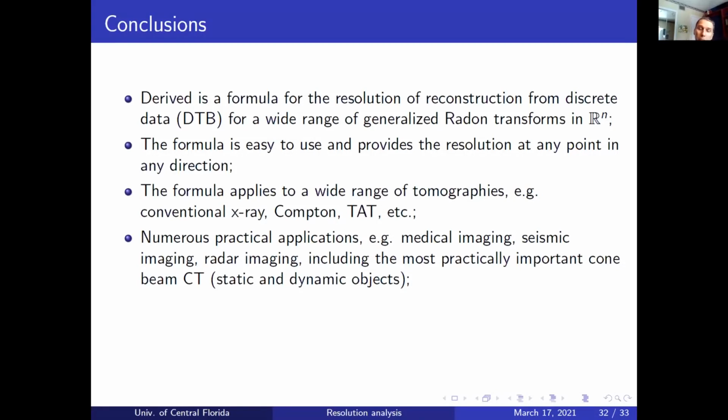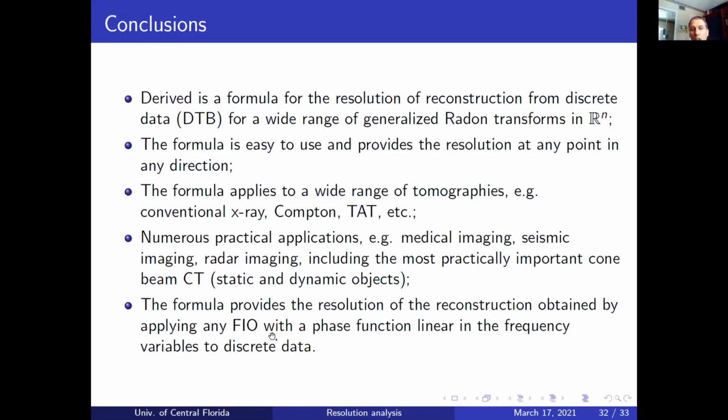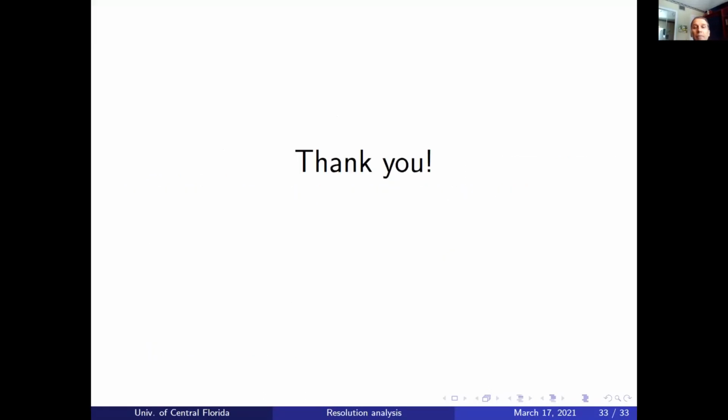It has numerous applications, including the most practically important cone beam CT. And it also gives a formula for the resolution of reconstruction when reconstruction is performed by any FIO with a linear phase function. Okay, thank you very much.